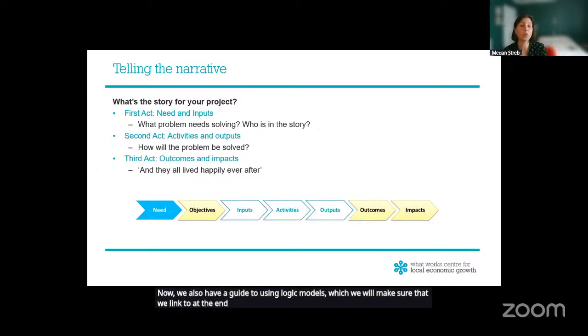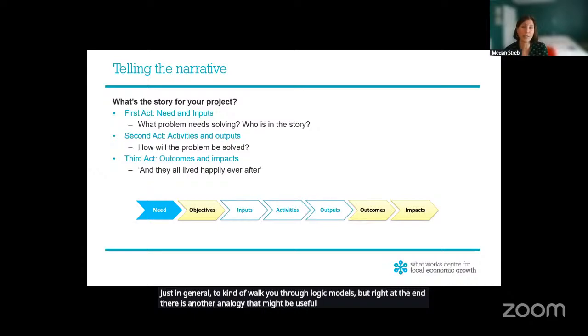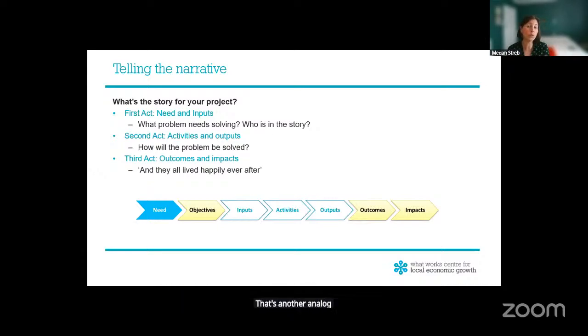That can be really useful to walk you through logic models, and right at the end, there is another analogy that might be useful, which is baking a cake. So if you've got colleagues who are really unsure about the difference between outputs and outcomes, that's another analogy that can be useful to help get people on board.